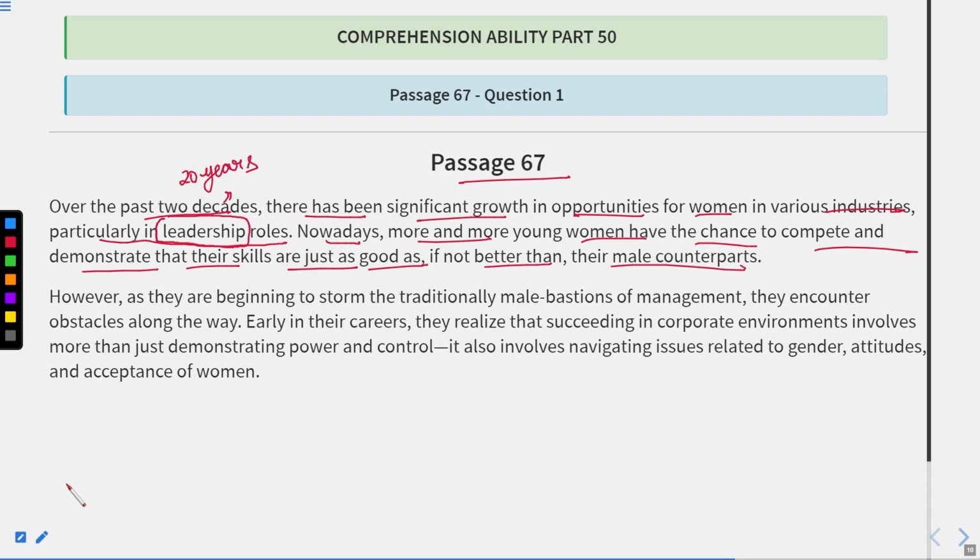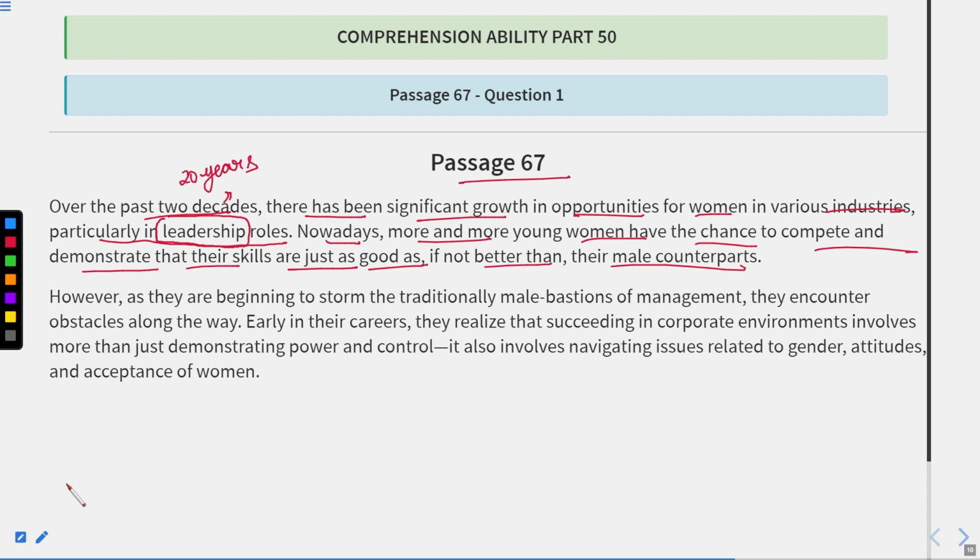Now, in the past, traditionally it was an approach that men can manage well, and management was given to men only. But as we have seen nowadays, there have been female prime ministers and presidents.